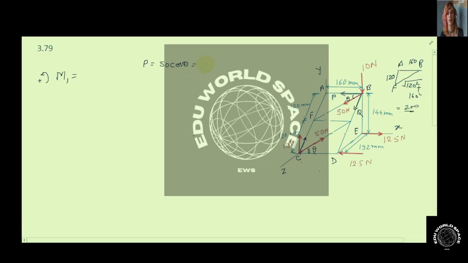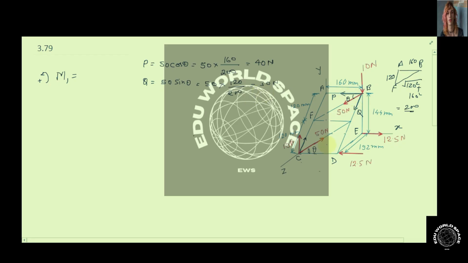So 50 cos theta will be 50 multiplied by cos theta, 160 divided by 200, and this comes out to be 40 Newton. Similarly, we can solve the value of Q, and this will be 50 sin theta, and that will be 50 multiplied by its sin theta value, 120 divided by 200, and this comes out to be 30 Newton.